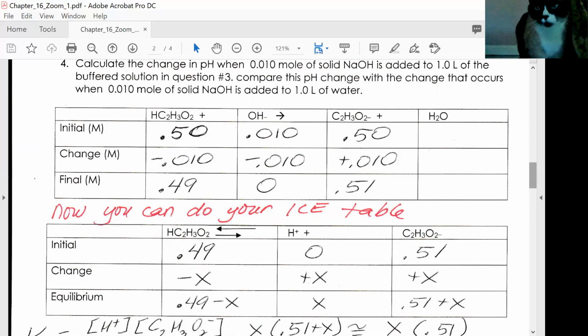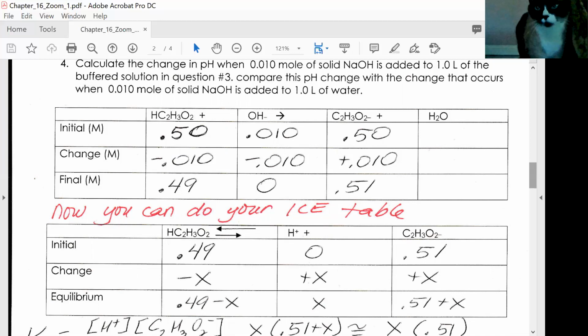Compare this pH change with the change that occurs when 0.01 molar of solid sodium hydroxide is added to water. This sounds complicated, but it isn't. We get to use an ice table, but before we do that, we have to use what I like to call a stoichiometry table.